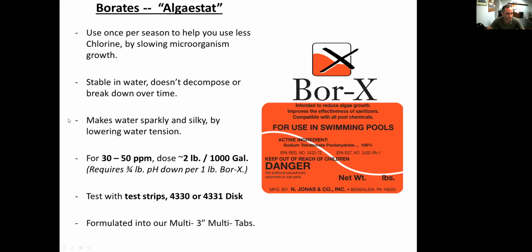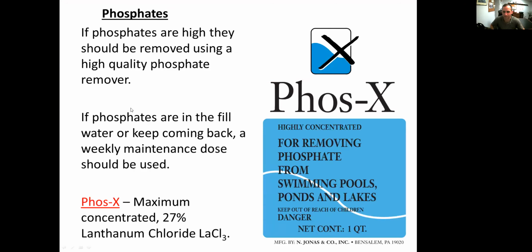Oh, and our 3-inch multi tabs, whatever they're called, they do have a certain percent of borates formulated into them. So they'll add a little bit, not the full dose, but they'll add a low dose of borates every time you use them.